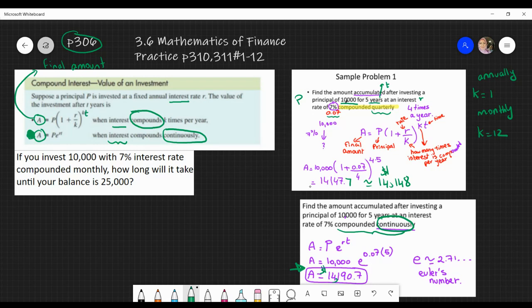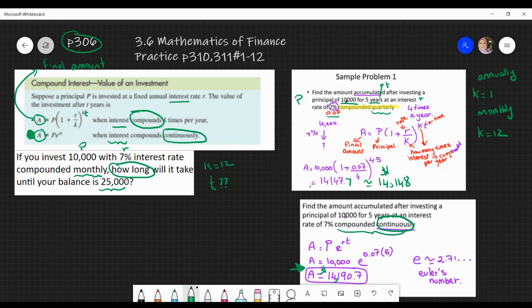Another variable that could be asked in a word problem is how long it will take for your money to grow to a certain amount. So if I read this, I'm investing 10,000, it's still the same problem, same principal, same rate, compounded monthly, which means my K is 12.